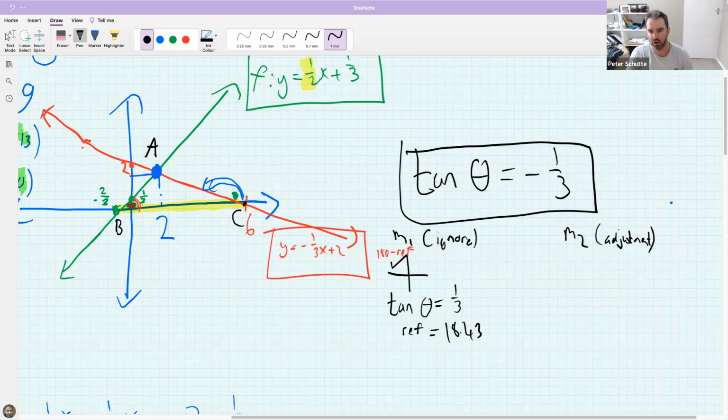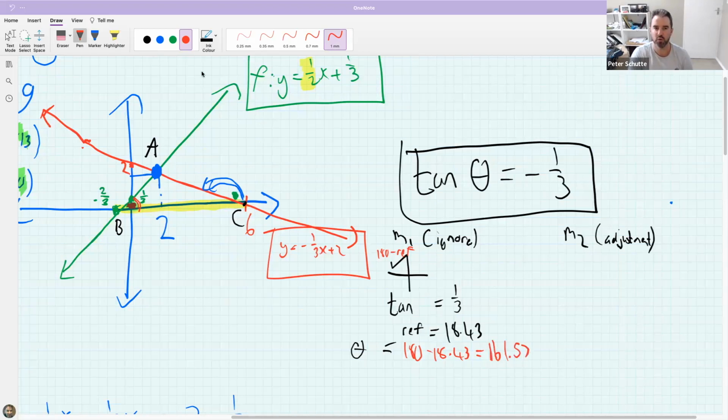And the reason is the answer is not in quadrant 1, it's in quadrant 2. And so the actual theta will be 180 minus 18.43, and that would be 161.57.